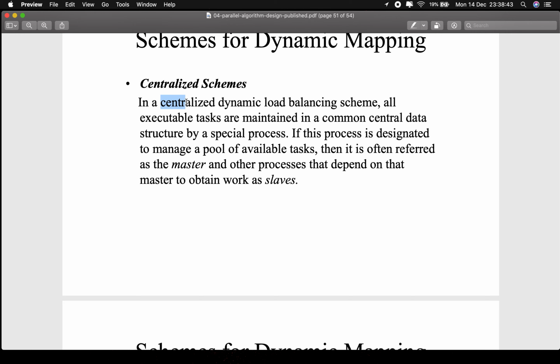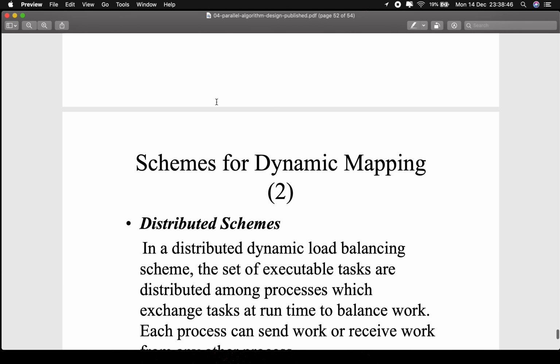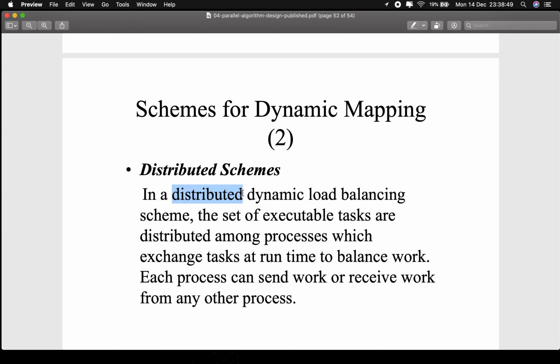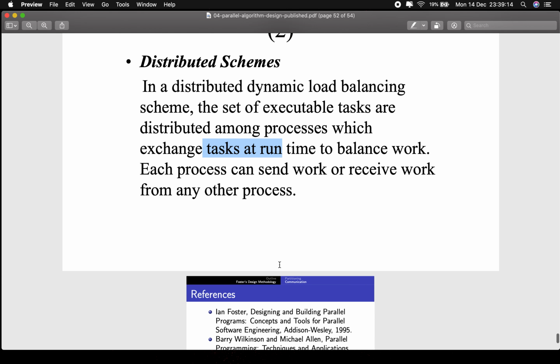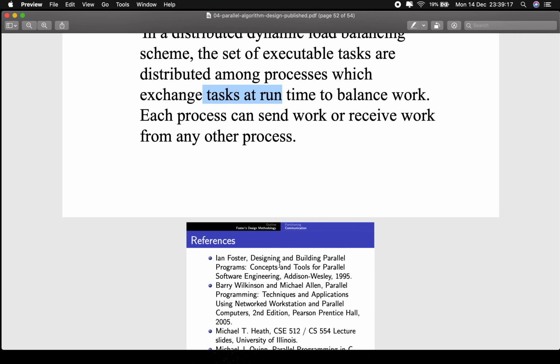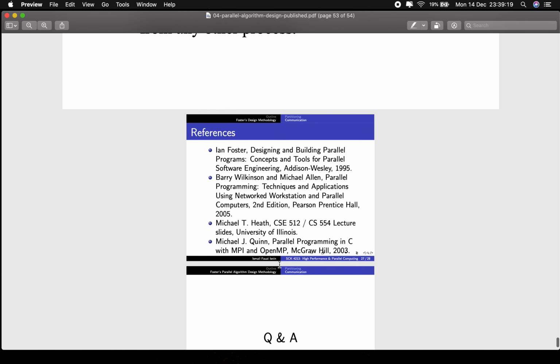This one is centralized, and this one is distributed, still under a load balance scheme. Another keyword is each processor can send work or receive work from others, and they exchange tasks at running time to balance the work. So that is all about the parallel algorithm design method.